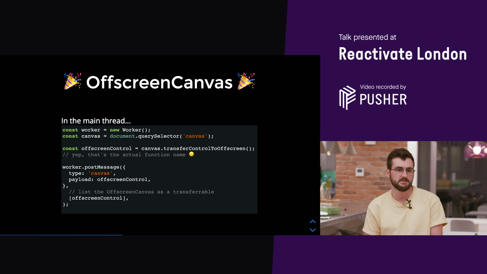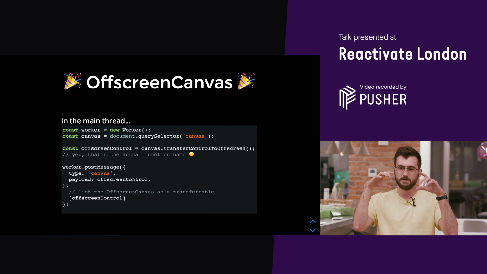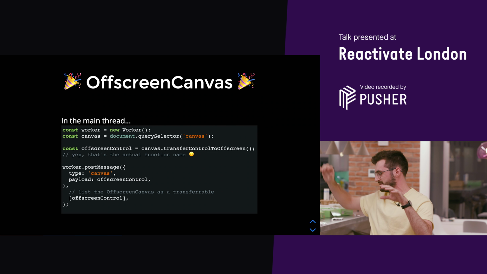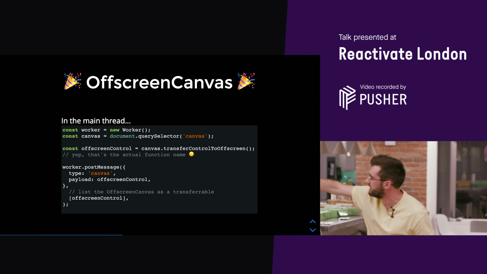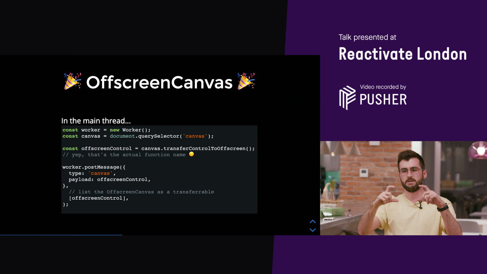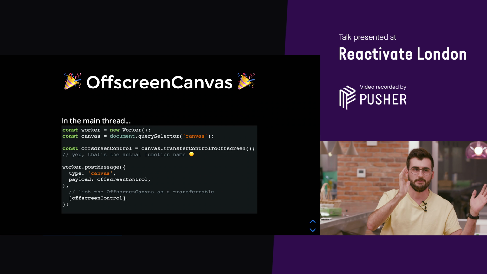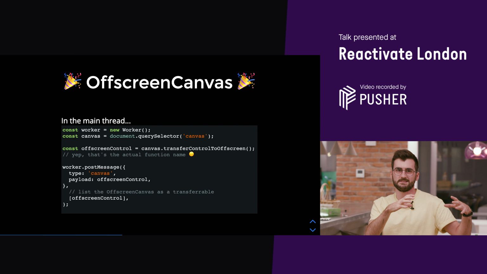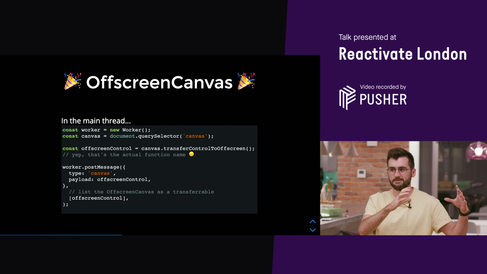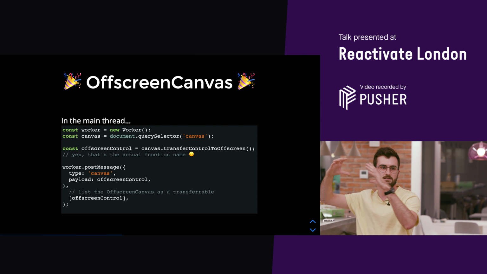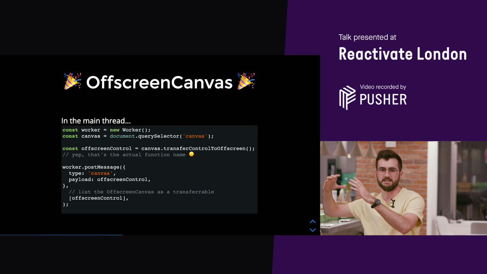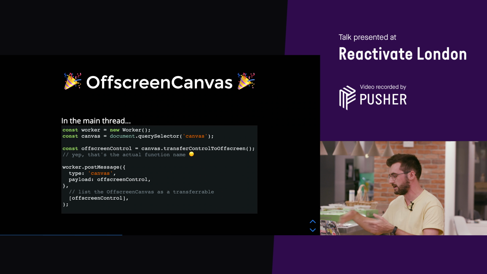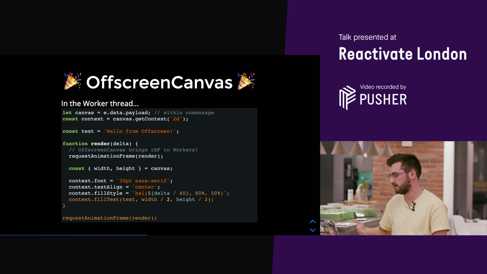If you don't know what a transferable is, to send it from the main thread to the worker, it needs to be called a transferable, and the little array down there is where you put your transferable. If you're getting into the deep and dark bits of the engine, it's basically telling the main thread, hey, this little bit of memory is now this worker's and you can't touch it. So you're telling the worker, hey, have this, because then it can access it.